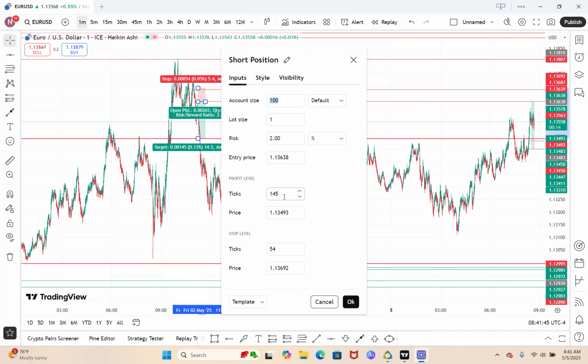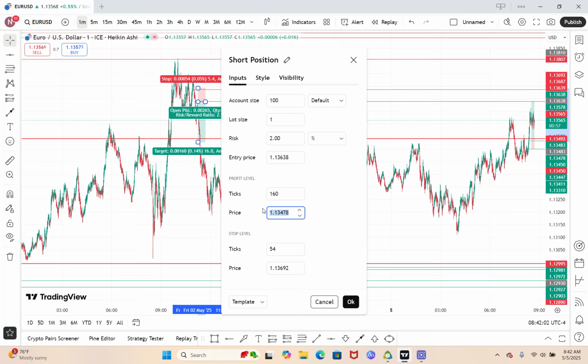Risking 54 pip to make 155, 160. 1 to 3.